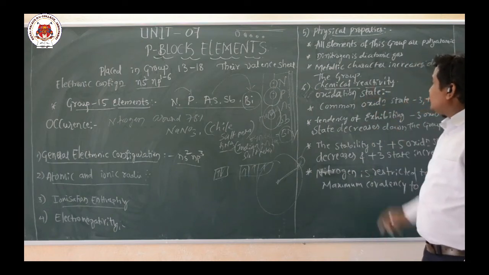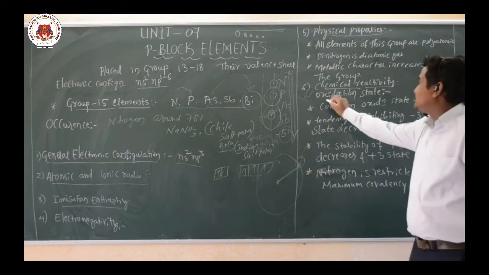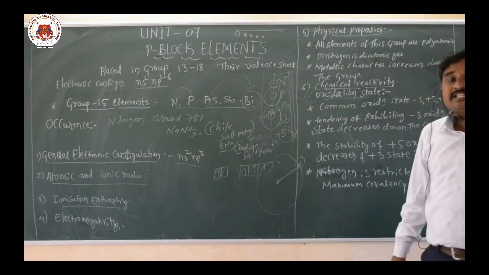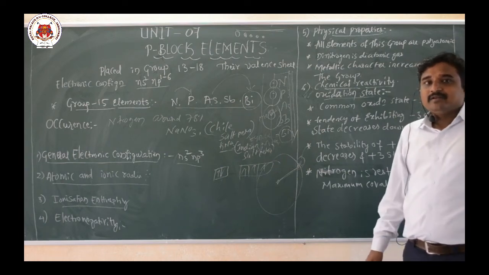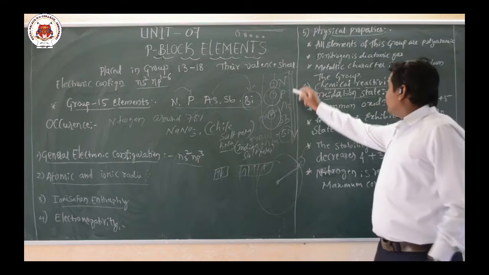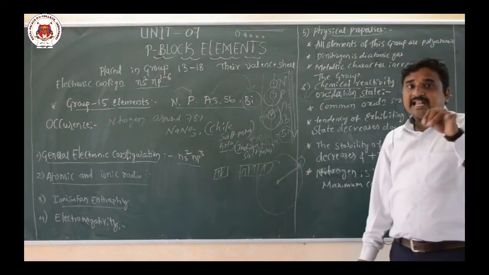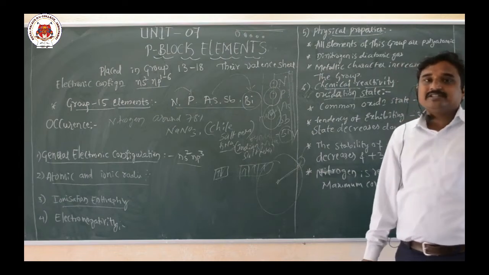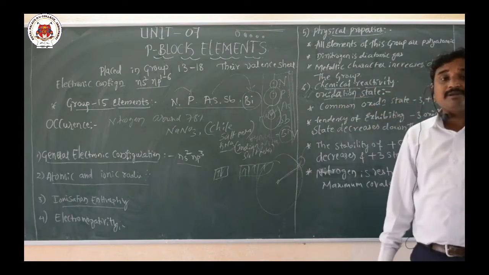Now the chemical reactivity. In that we have the concept regarding oxidation state. The most common oxidation states are -3, +3, +5. The common oxidation states exhibited by group 15 elements are -3, +3, +5.